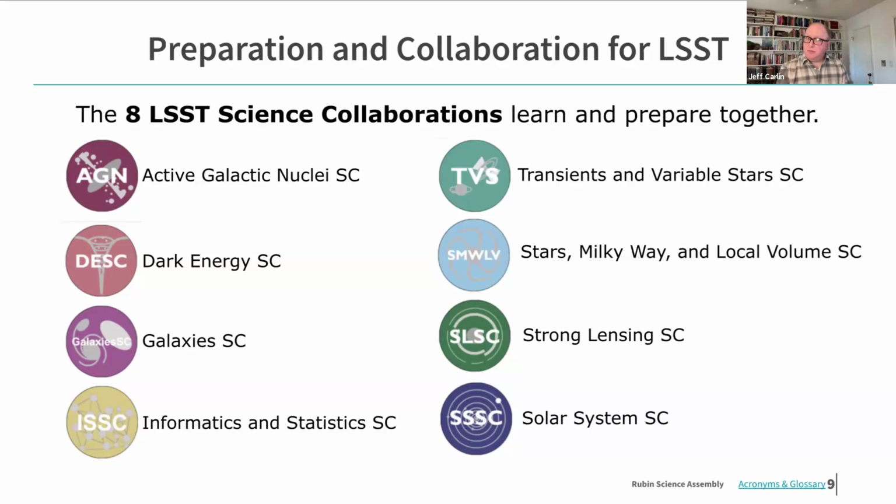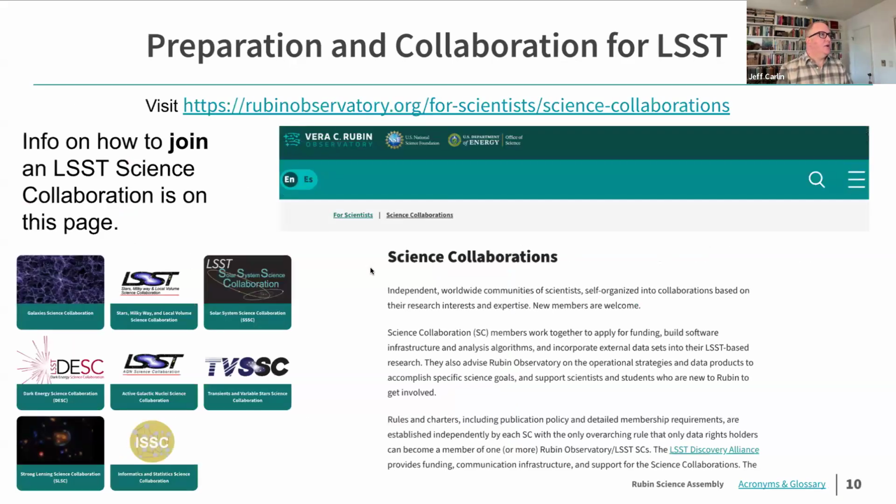But of course, you don't have to join a science collaboration to do science with the Rubin data. It's just an opportunity, should you like to do so. And again, on our website, rubinobservatory.org, on the scientist webpage, there's a science collaborations page that gives you more information about them and links to all of their sites where you can join those science collaborations.